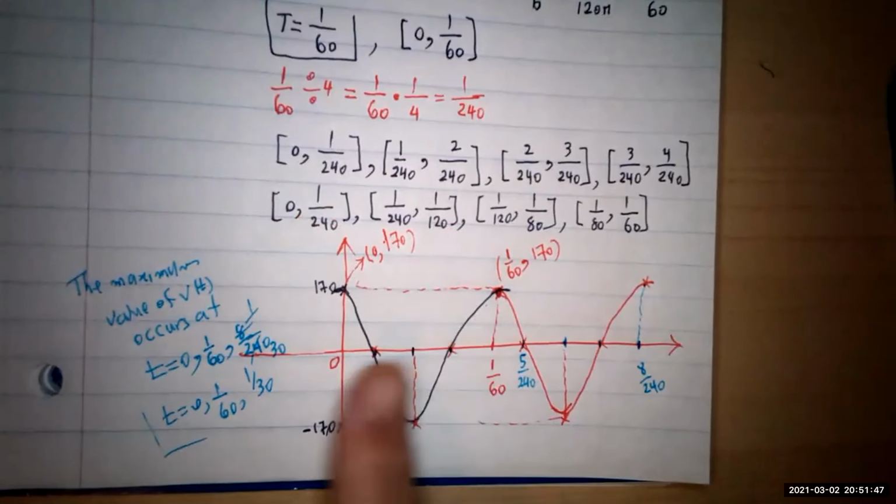Add the pi to both sides. That gives you 2x greater than or equal to pi, and this is going to be less than or equal to 3 pi.